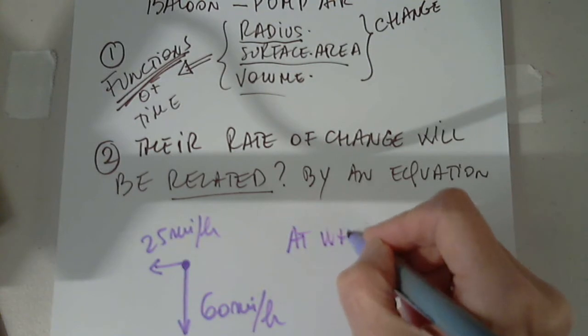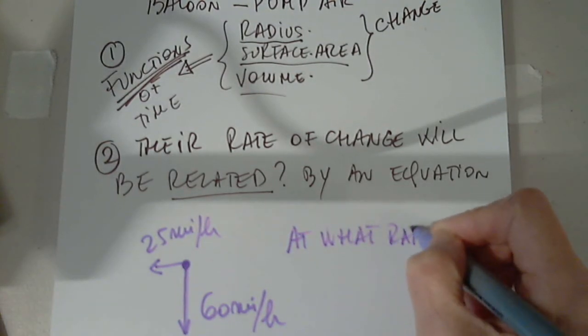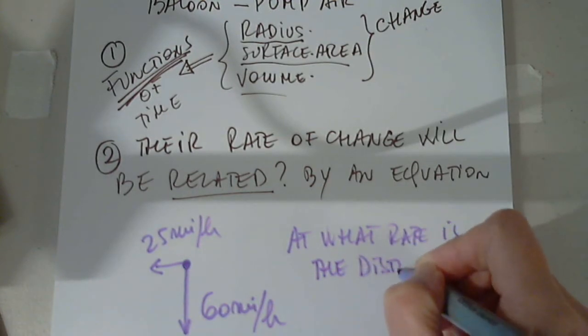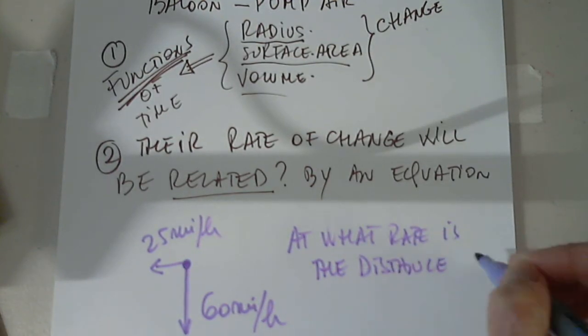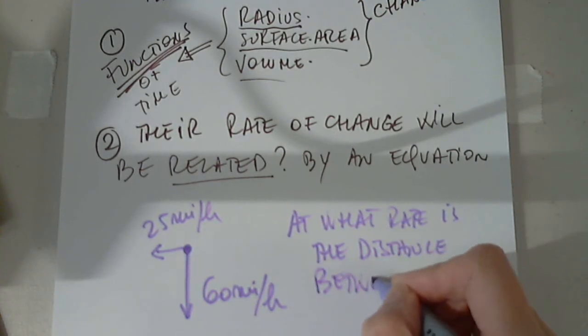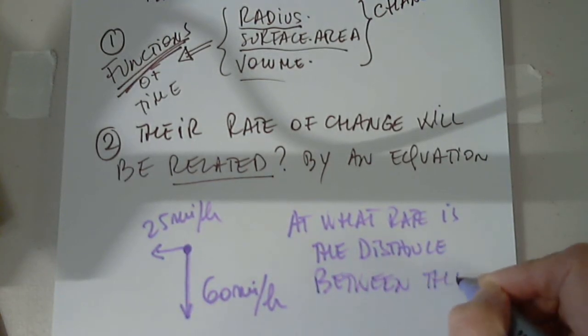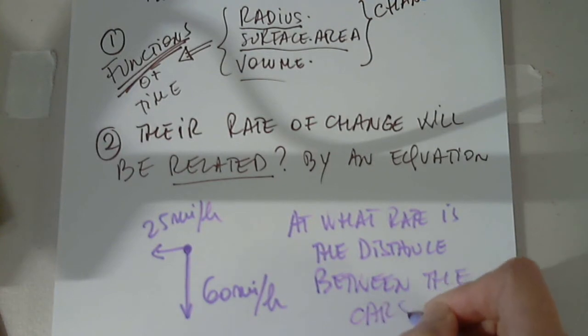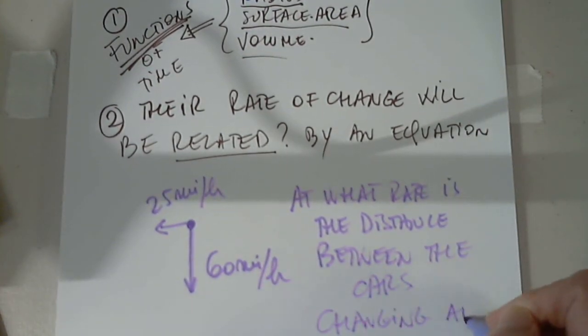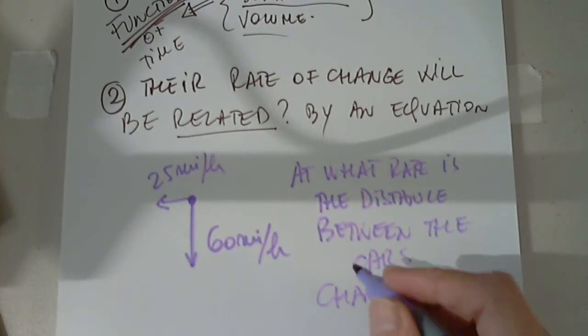At what rate is the distance between the cars changing after 2 hours?